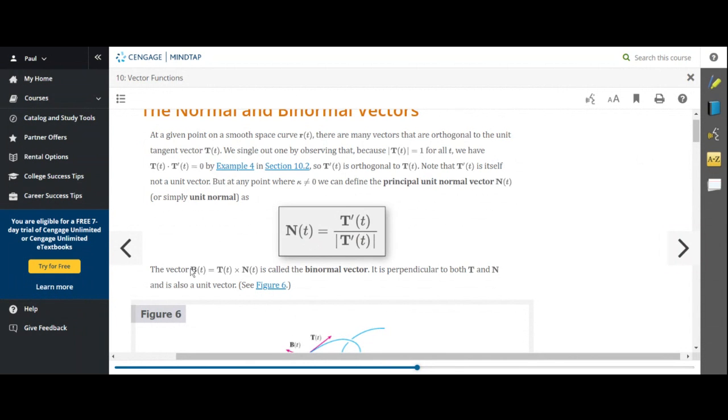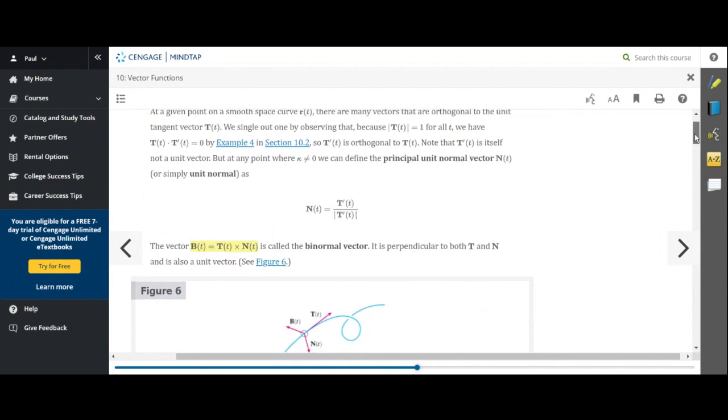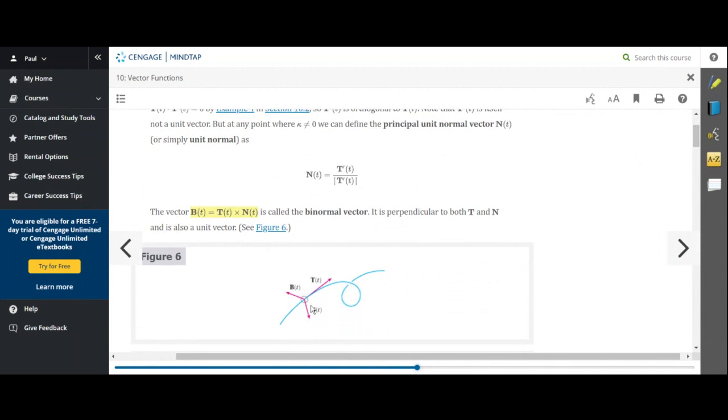And then the binormal vector here is defined as the cross product of the unit tangent vector and that unit normal vector. Does it make sense in figure 6 that the binormal vector is perpendicular to both the tangent and normal vectors?